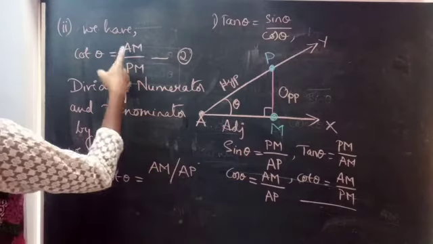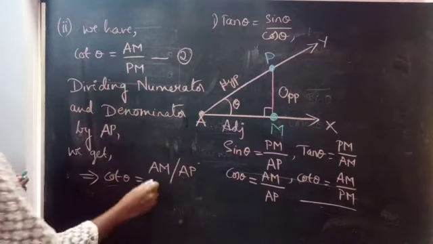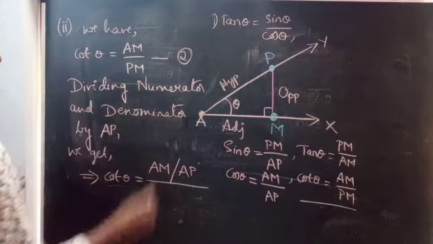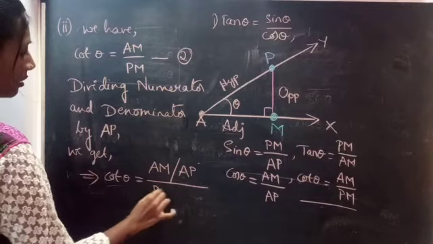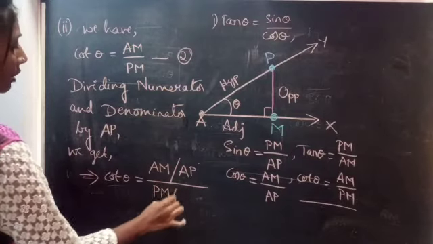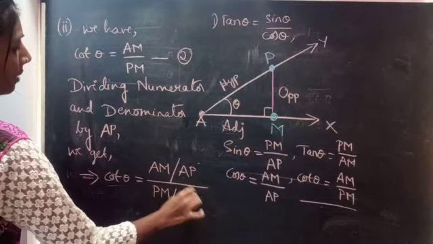You are dividing numerator by AP, and again dividing denominator by AP.